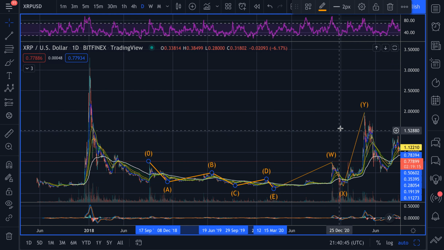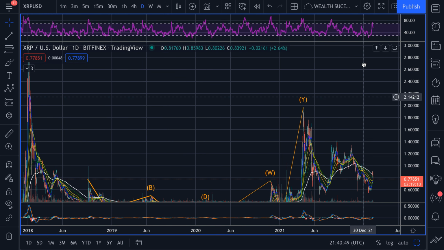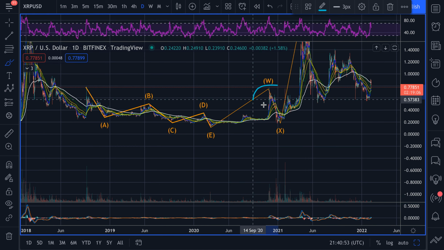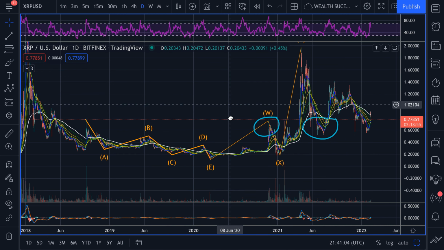This is not a bull market. The reason I know it's not a bull market, the main reason, is because this wave here and this wave here are overlapping. That cannot happen in a 5 impulse wave going up.